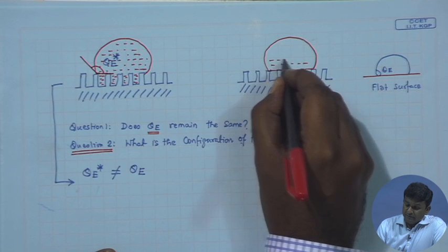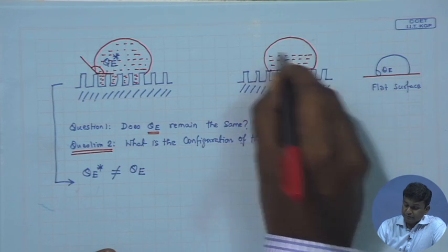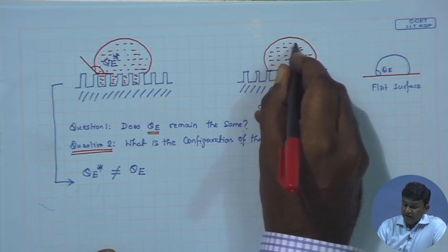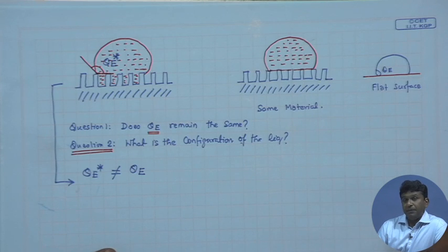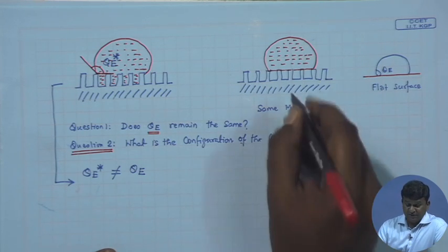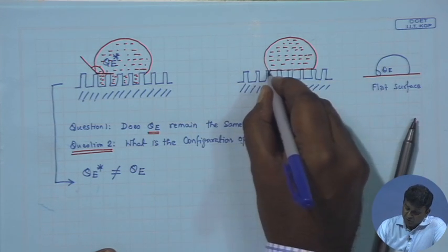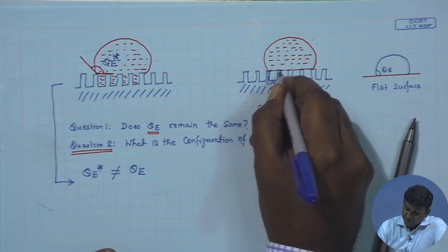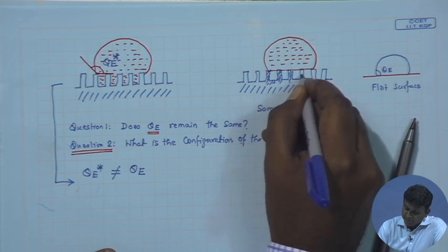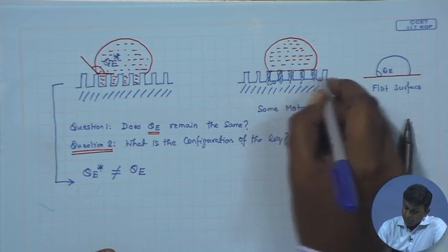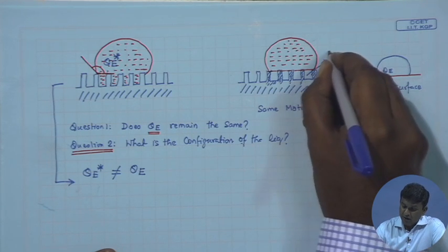The liquid fails to penetrate into the gap within the patterns. So, these are the structures, and what you have here is air pockets.